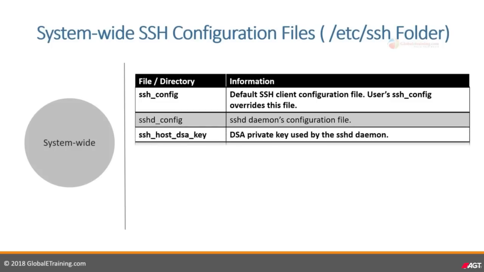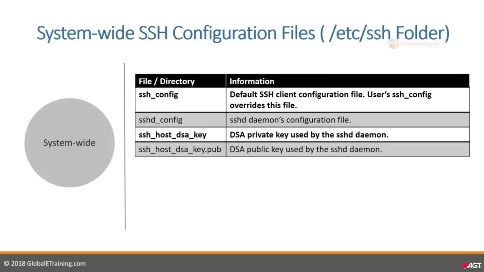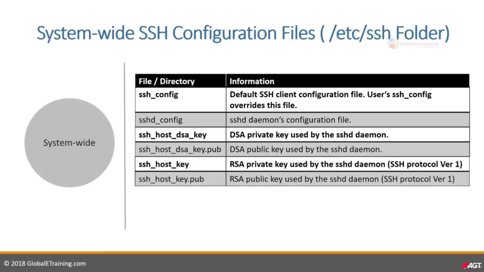The next two are the host DSA public key and the private key used by the SSHD daemon. The next two are the RSA private key and the public key used by the SSHD daemon. These are used by the SSH protocol version 1.